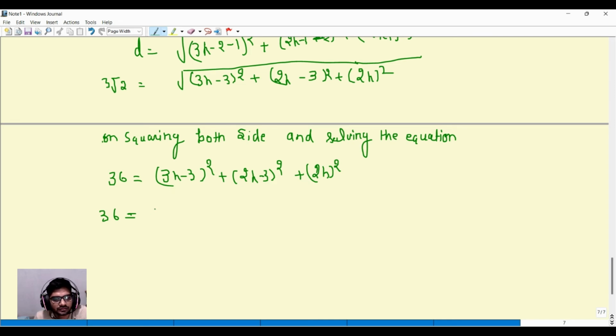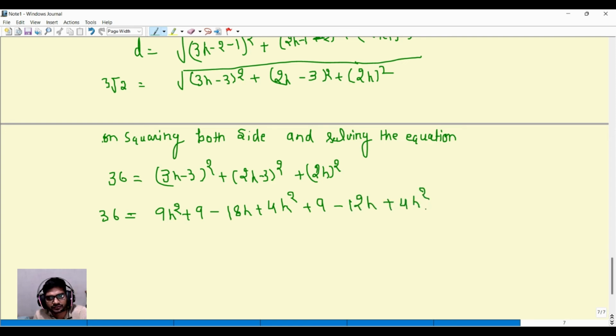Then what will be the equation? 9 lambda square, then 9 minus 18 lambda plus 4 lambda square, plus 9 minus 12 lambda plus 4 lambda square.